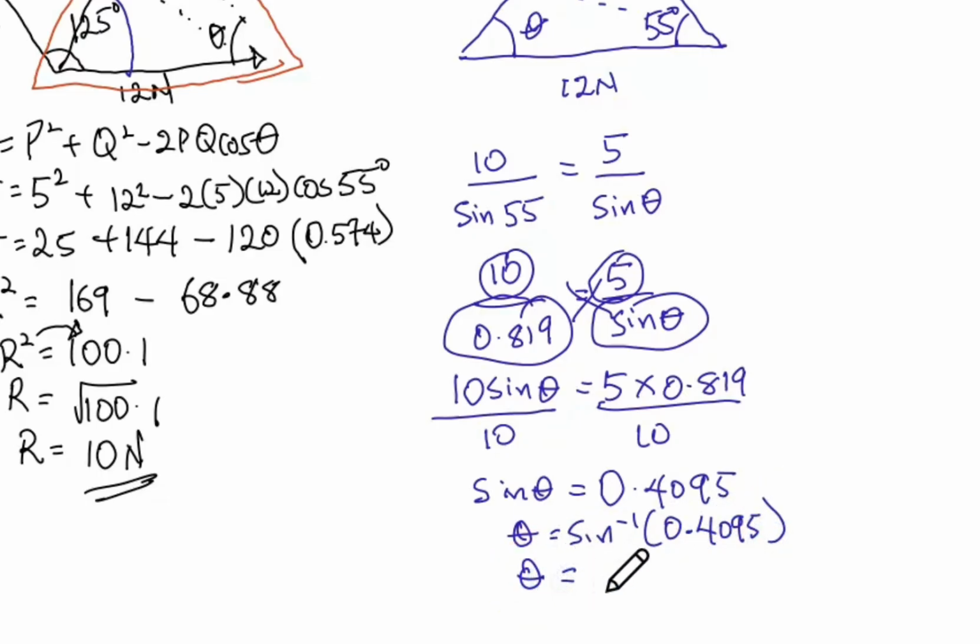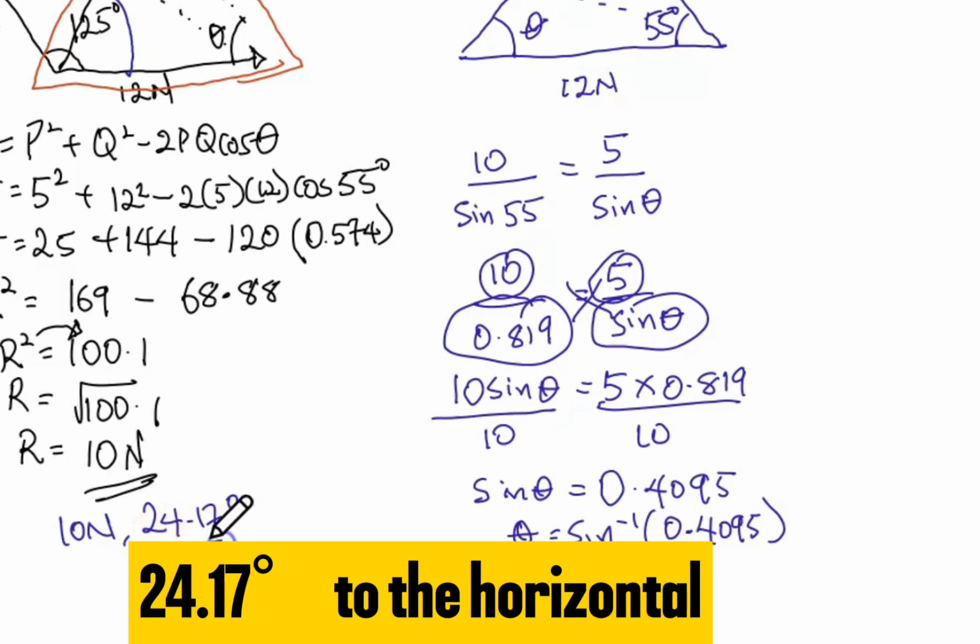The sine inverse of 0.4095 will give us an approximate value of 24.17 degrees. So this is the value of the resultant in direction. In magnitude, it is 10 Newton. The direction is 24.17 degrees. So this is the final answer.